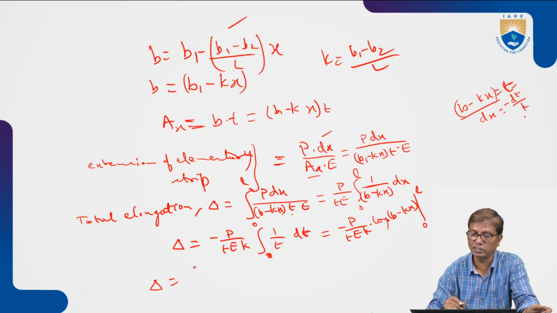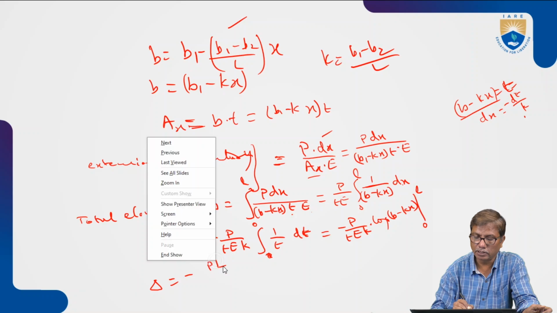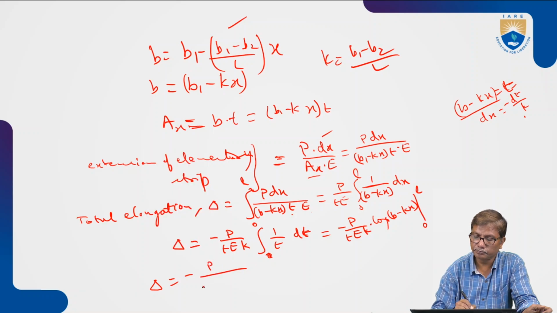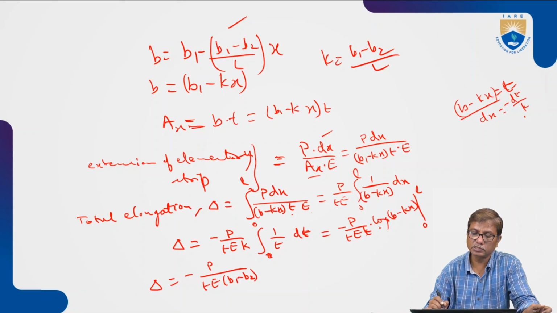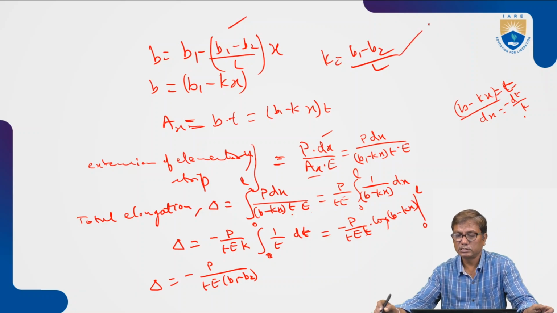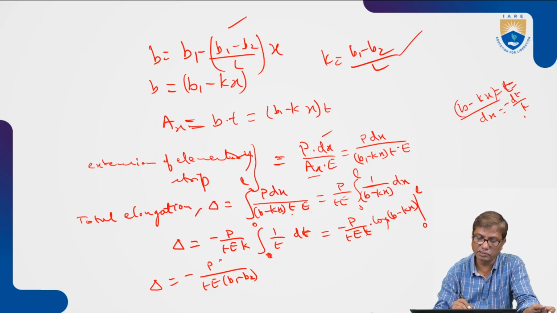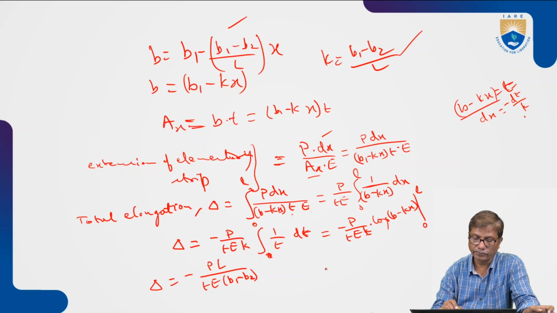B1 minus B2 by L. So PL by TE into B1 minus B2. K is replaced with B1 minus B2 by L, so L is taken to the numerator. PL by TE, B1 minus B2.